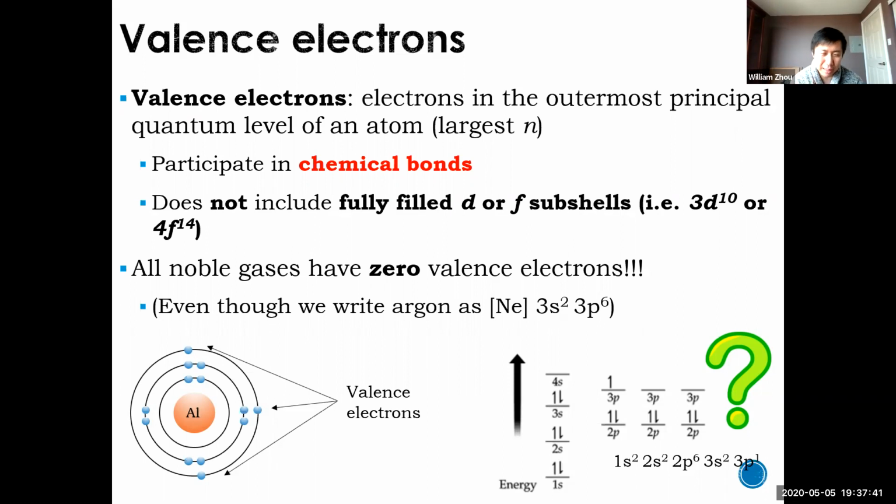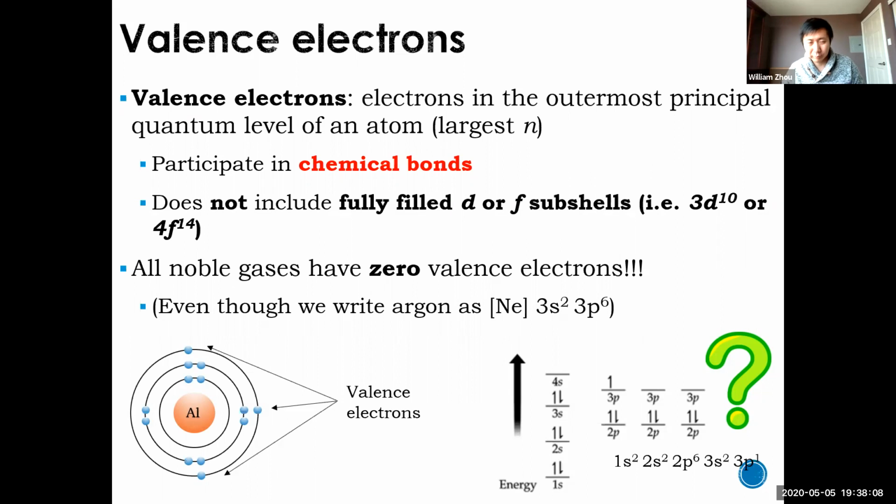Noble gases, we don't consider them to have any valence electrons, despite the fact that we write it as if they do. They never participate in chemical bonding. That's another lie, but for all intents and purposes for this course, they don't participate in chemical bonding, so they don't have valence electrons. You see what I'm saying? So a common mistake is to write 8 for a noble gas.